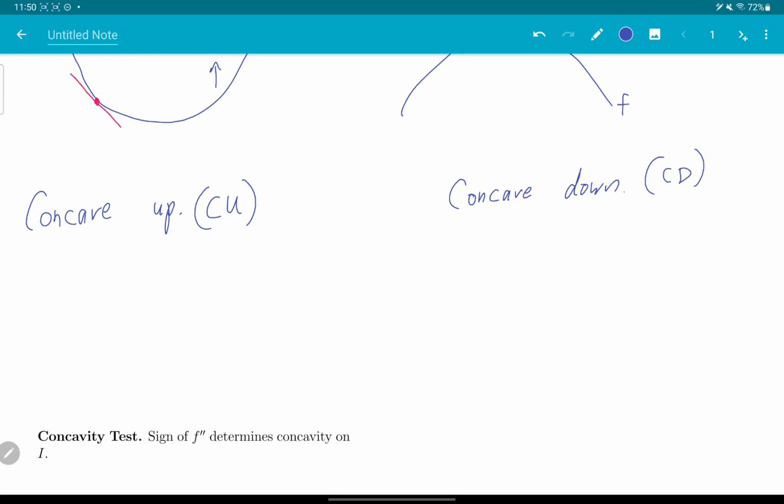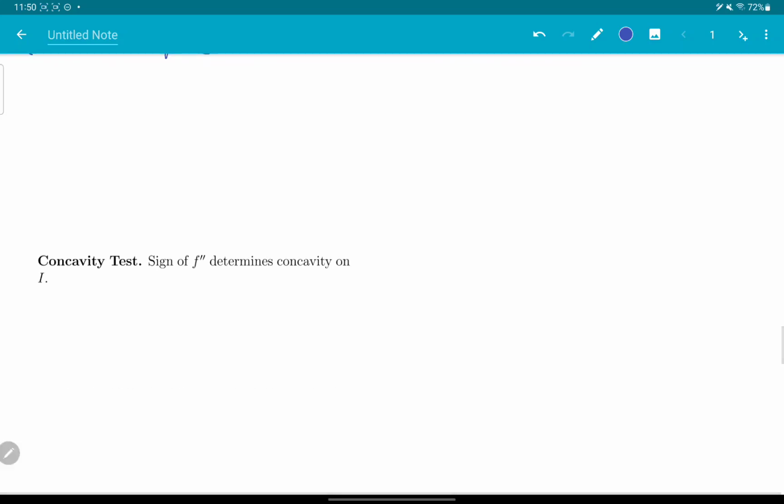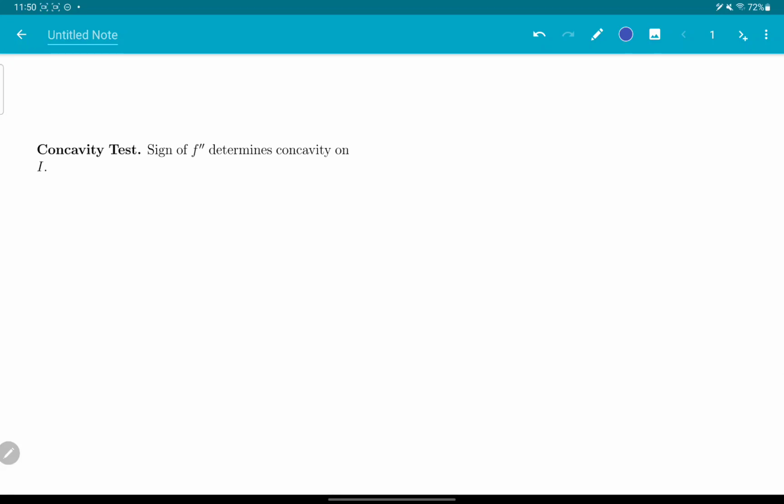How can we find concavity? Well, we're going to use the second derivative. I will just give the statement of this test, and then I will talk about why this test makes sense.